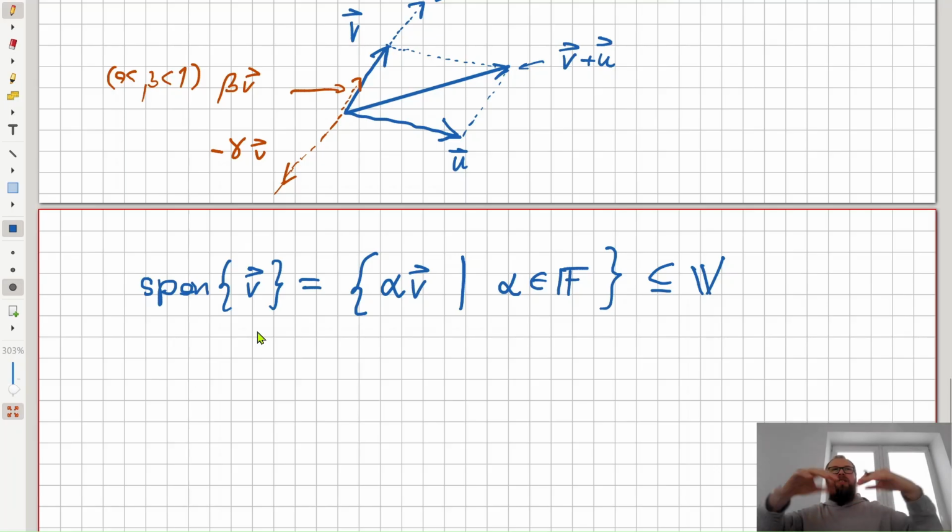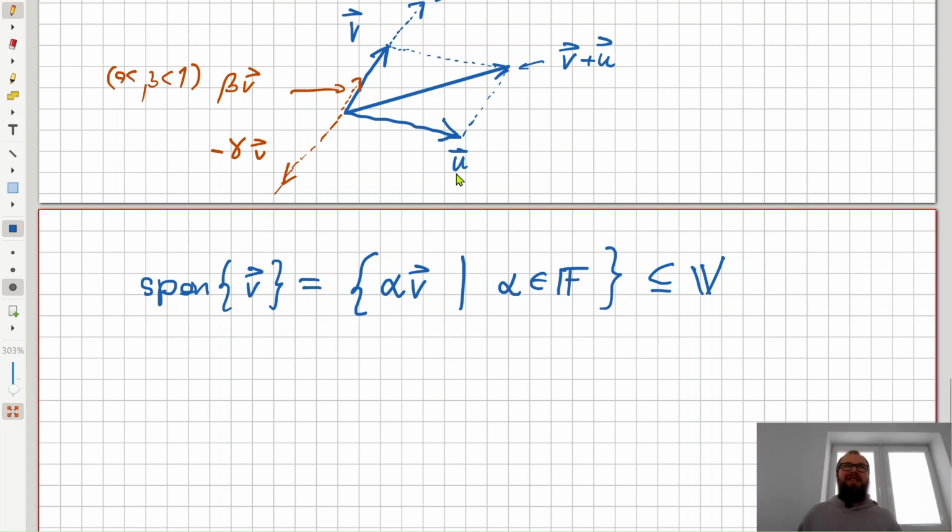Now we can continue with this construction. We could take a different vector from our space, but such that it's not spanned by V. That is, you could say there is no such number alpha.